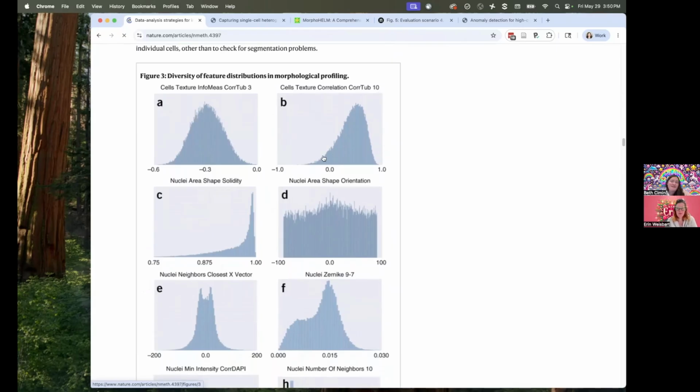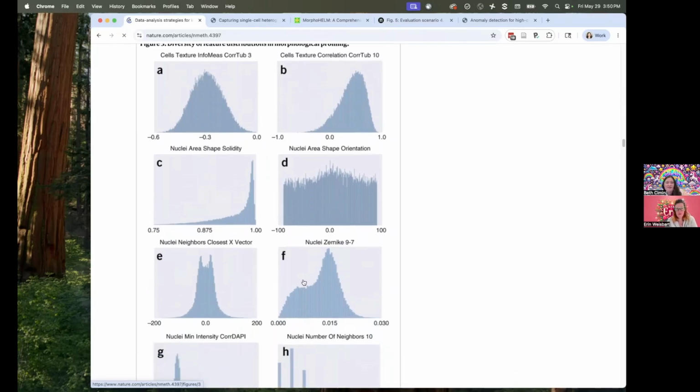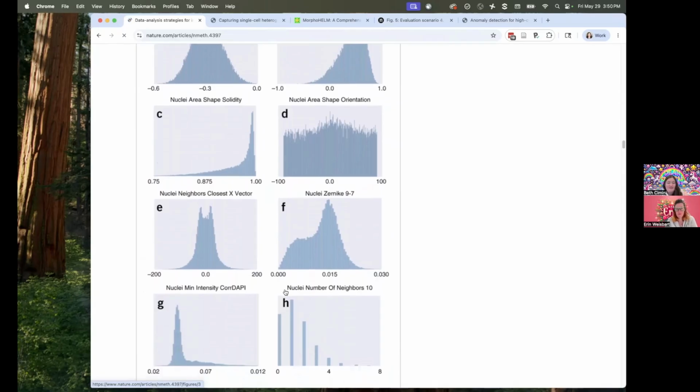This one is normal-ish but right shifted. Some of these are bimodal, and some are a particular number, so there's a finite set of values it can be, not a continuous distribution.